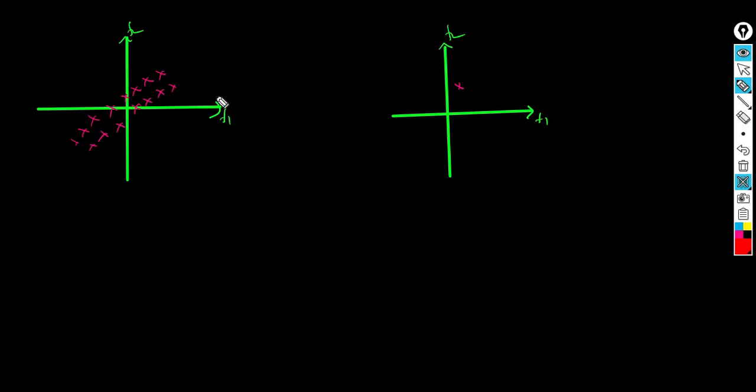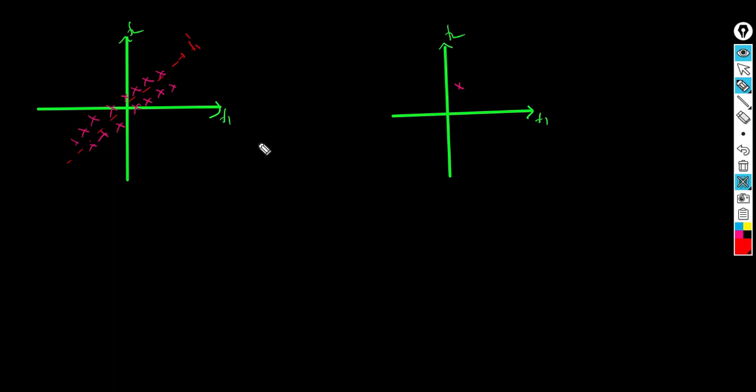I redraw the data here. Here also we have the F1 feature and F2 feature, and the data looks like this. We need to find this direction F1 dash.